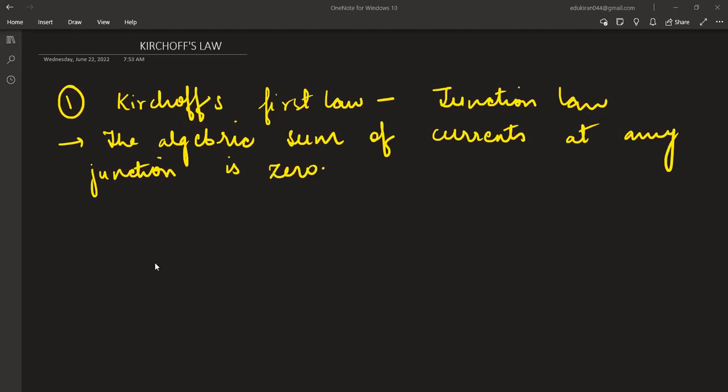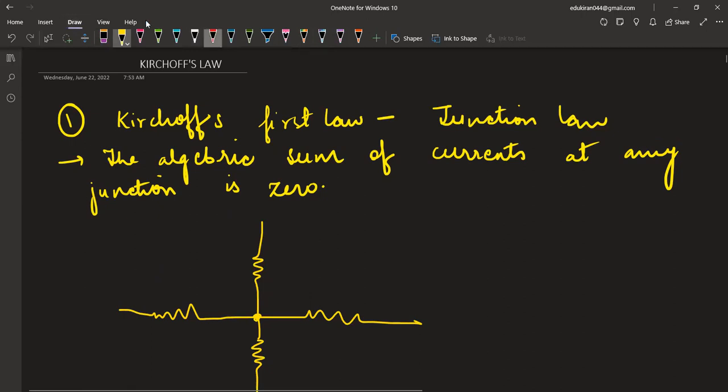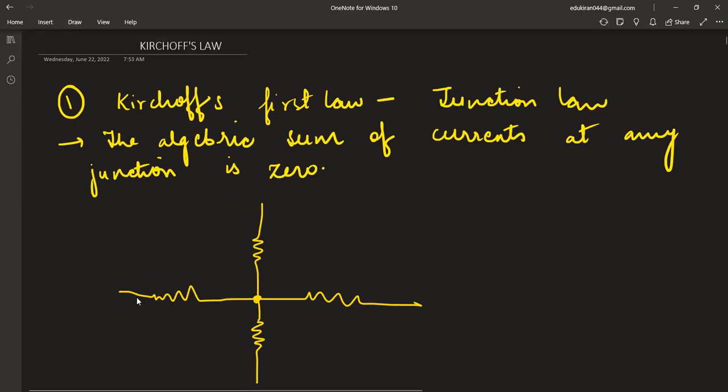It means, for example, certain sets of resistors I am giving to you. This is the junction, where the branching is occurring. Now look here, class. Suppose from here, I1 current is coming.